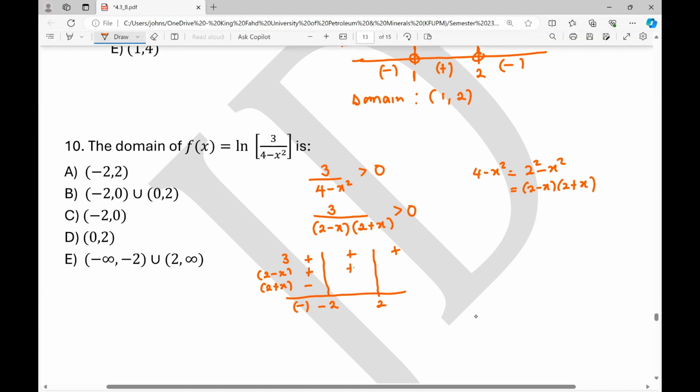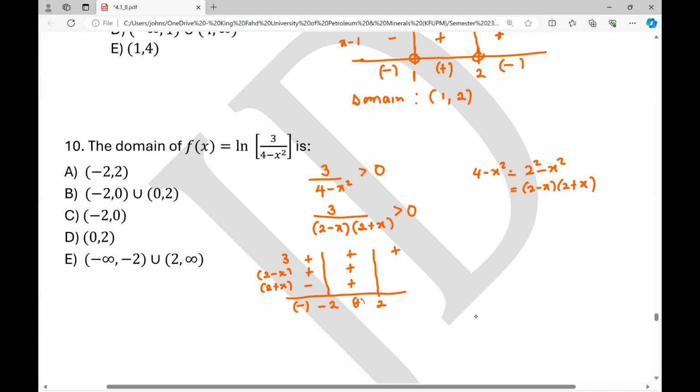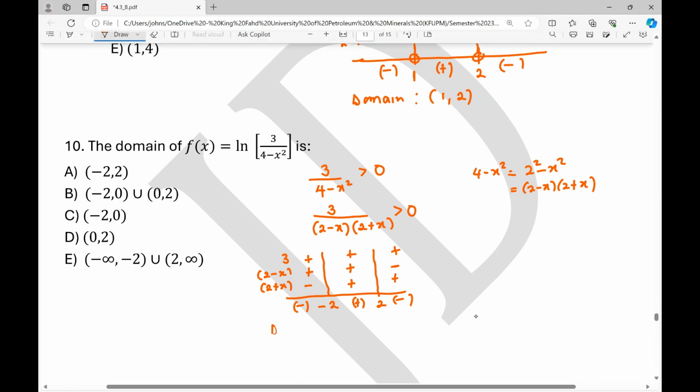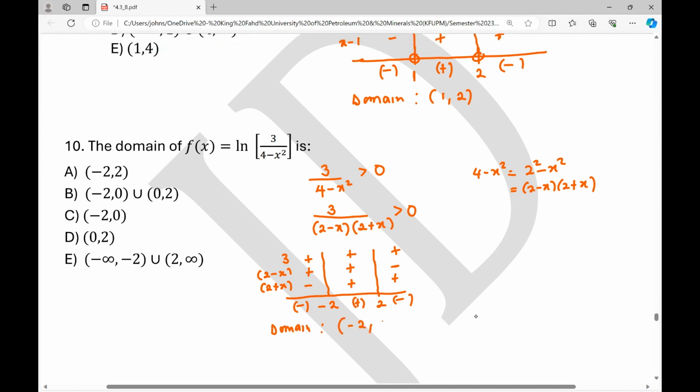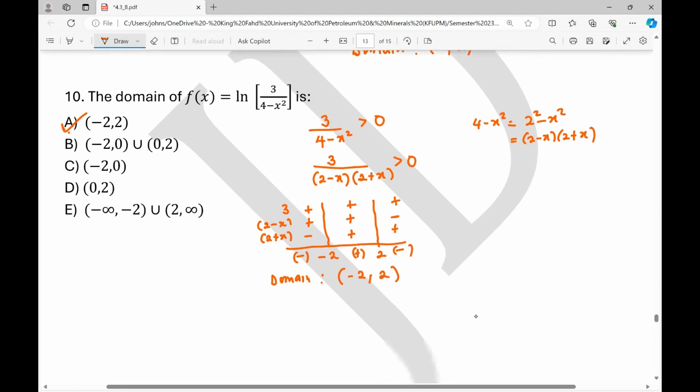This will be positive, and this will be positive, so we'll have positive. Between 2 and infinity, you can take 3. This will become negative, and here we have 2 plus x, which will become positive, so we will have negative. So you can see the only positive interval is from minus 2 to 2. So the answer also is A.